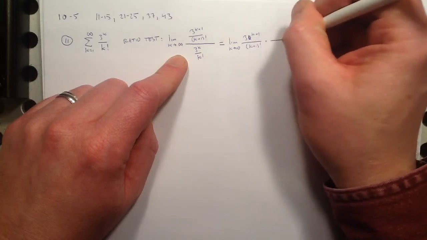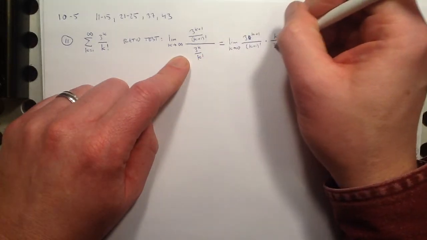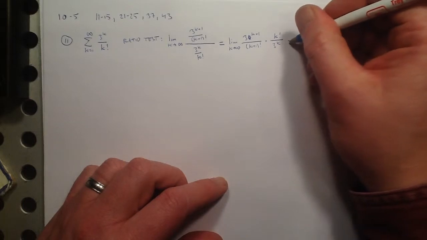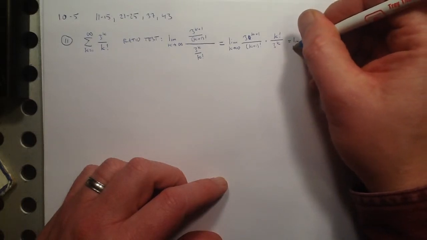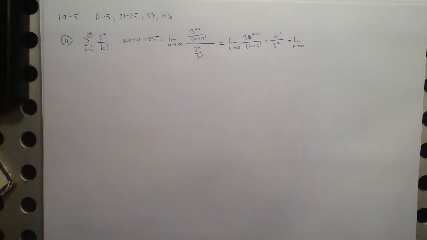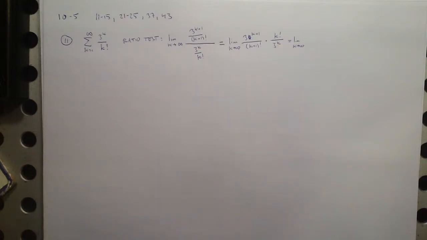I'll go right to writing it like this. I know I'm dividing by this, so that'll just flip it over. Right? And then comes the part where we have to cancel stuff out. When you're writing out your work for the ratio test, by the way, if somebody's looking to give you points for doing your work, it could be considered wrong if you leave these out. So it's really important to put those in.